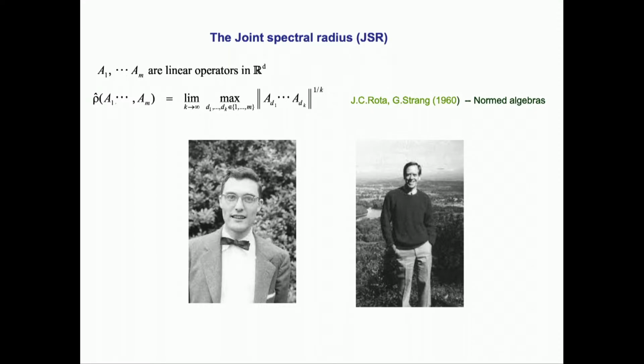The second one is his advisor, Gil Strang. He is mostly known by his works on the numerical linear algebra. Giancarlo Rota was 19, he was a student. Gil Strang was 27.